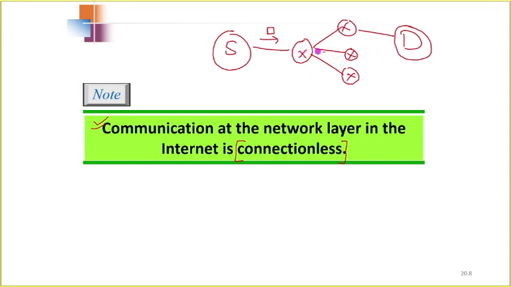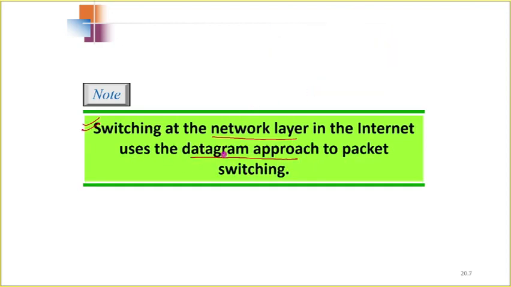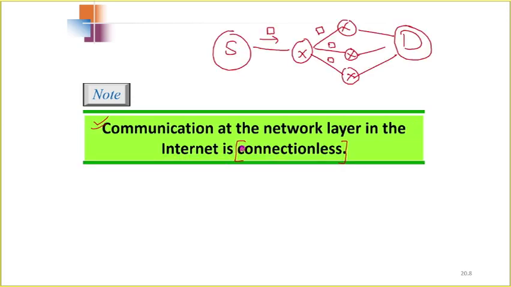It will go in all directions, so it is connectionless. It will send the packets in all directions without any specific connection. That's what we have already seen in the datagram switching approach.